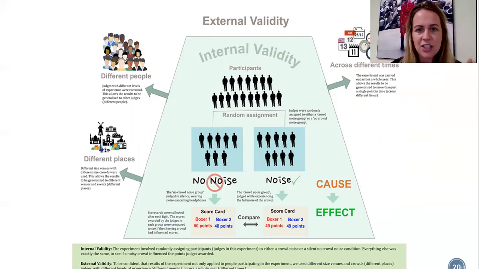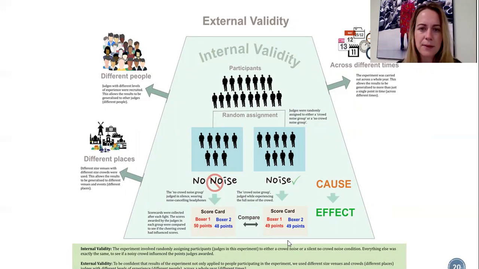In the noise condition, they didn't wear those headphones, and so they could hear whether the crowd was cheering more loudly for a particular fighter. All other features of the study were controlled, so all other features were exactly the same between the two conditions. As a result of randomly assigning judges to the two different groups and controlling for possible confounds, we can be sure that the study has high internal validity.